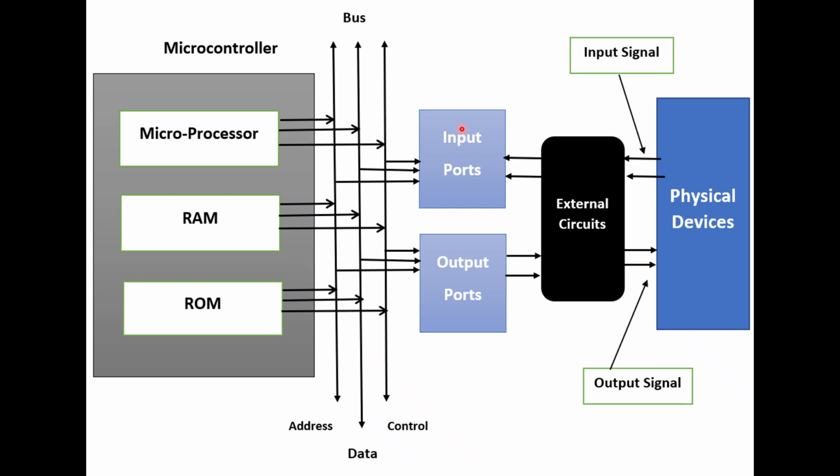They have input ports, they have output ports, and they communicate with external circuits in and out. They are connected for input signal, physical devices, and output signal, physical devices. They have three buses: address bus, data bus, and control bus.